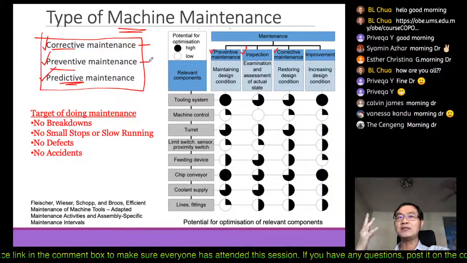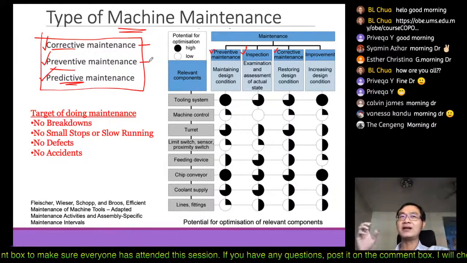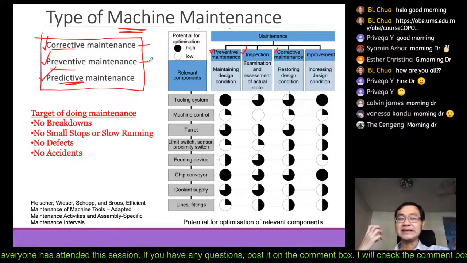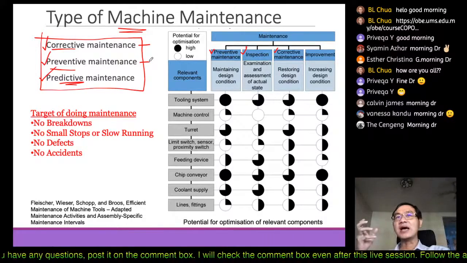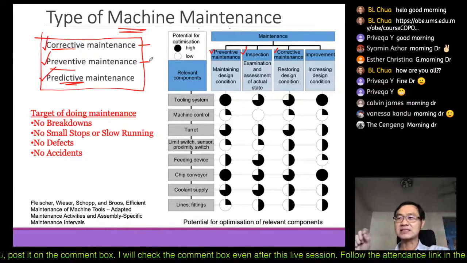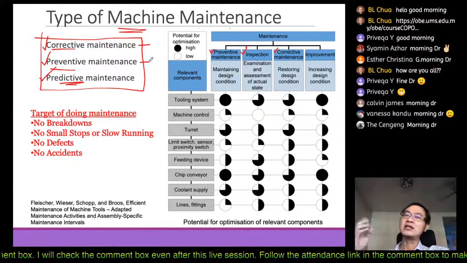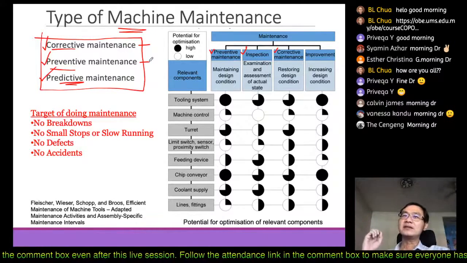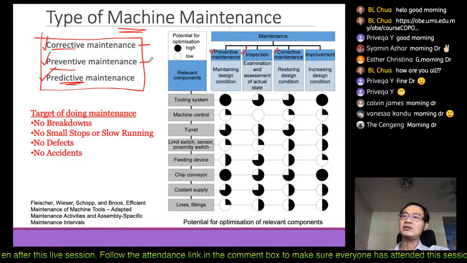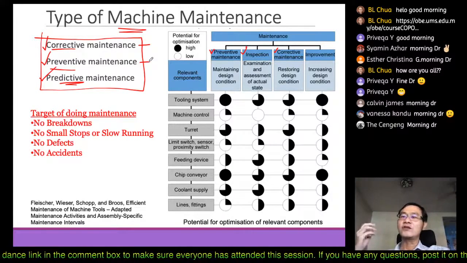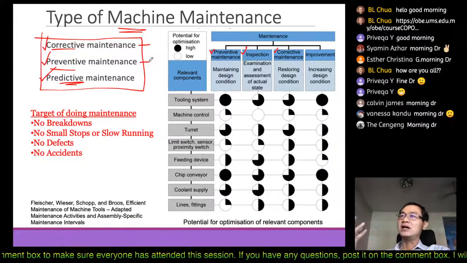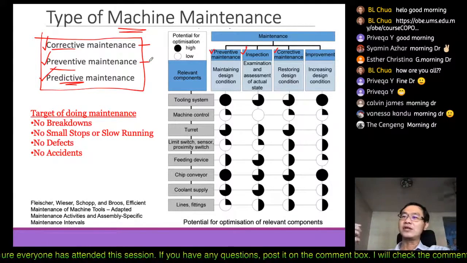Remember when we do a selection of bearings, we calculate the lifetime of the bearing. So from there you will estimate how long it would last. Usually those manuals will tell you for a bearing you have to change every 5 years. For the engine oil you have to change every 3 months.